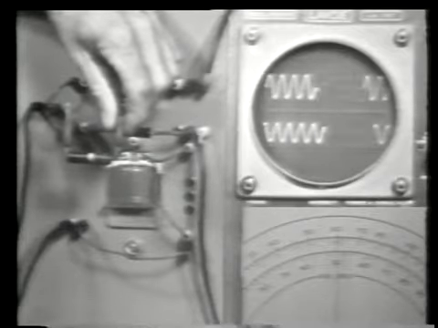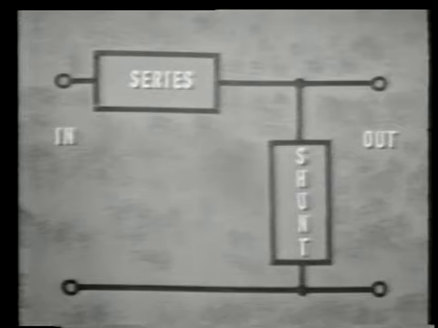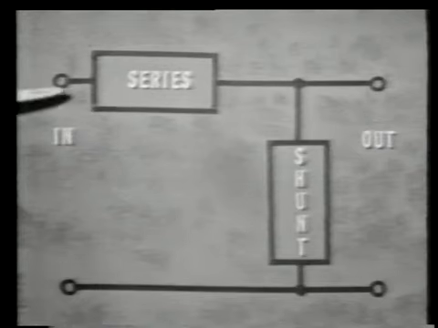Now, what does this mean in terms of our series and shunt oppositions? Well, we know that in order to pass 600 hertz, our series opposition must be low at a frequency of 600 hertz. But at frequencies above and below that, the series opposition must be very high in order to reject those other frequencies.